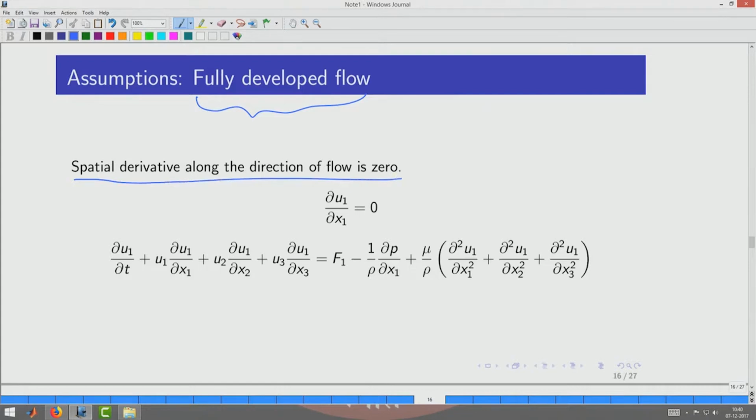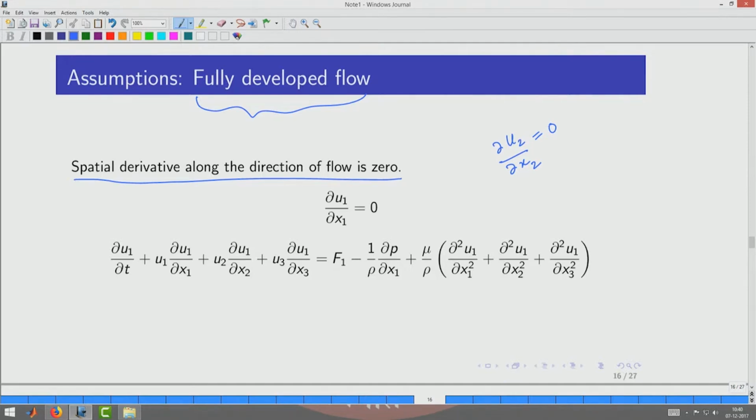So, it just means that if the velocity is along the x direction, then the spatial direction is x, whether it is dou u by dou x is 0. So, whichever component you take, for example, if you take u2 as a component, that is along the x2 direction. So, if you say that dou u2 by dou x2 is 0, it means that the velocity is fully developed along the x2 direction.